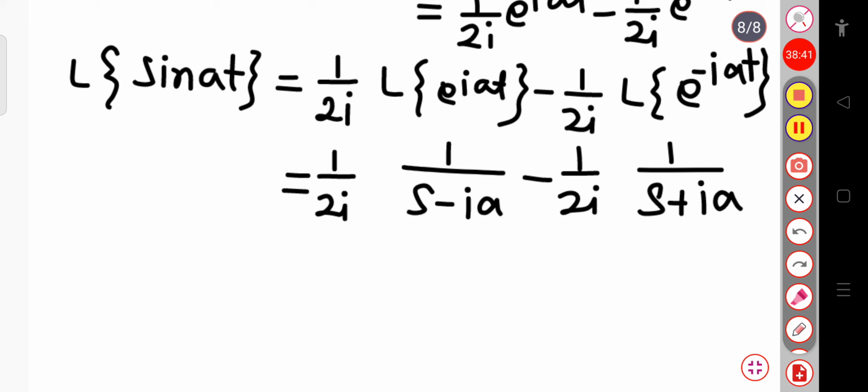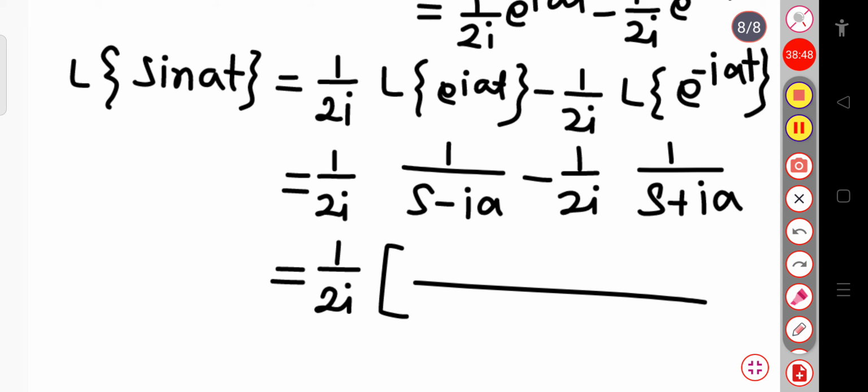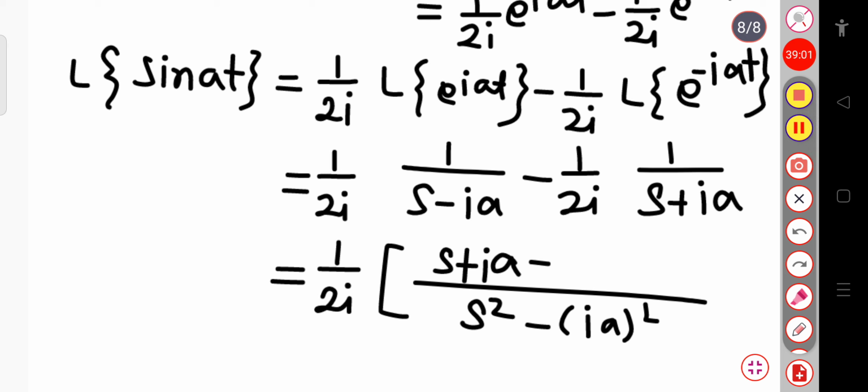Now we have to solve this by taking 1 by 2i common. This will be whole over s minus ia into s plus ia, which is s square minus i square a square. In the numerator I write s plus ia, and again minus, when the minus is multiplied with s minus ia, this will be minus s plus ia. This is a simple calculation. The s will get cancelled.